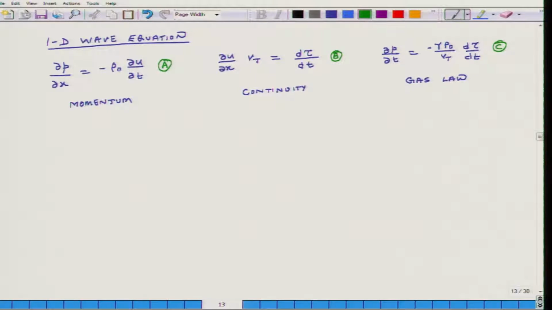So, effectively there are three unknowns, p, u and tau. All other parameters in these equations, rho naught in equation A, and gamma, p naught in equation C, are known. So, we have three equations and three unknowns, and we should be able to solve for them.